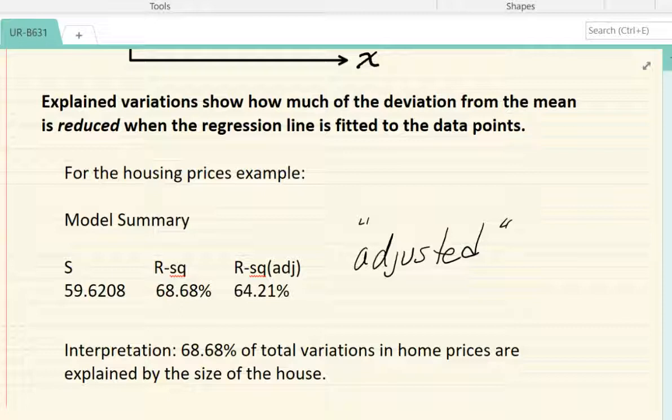There are other factors affecting the price of those homes. Almost 70% is the size. Now, what are the other 30%? I don't know. Could be the number of car garages, number of bedrooms, bathrooms, the amenities, and so on and so forth. And that's what gets us into the topic of multiple regression.